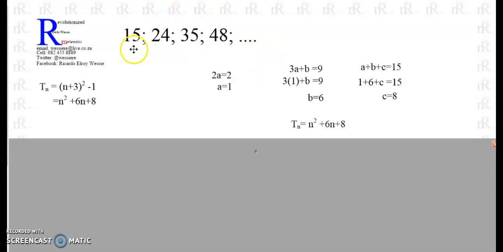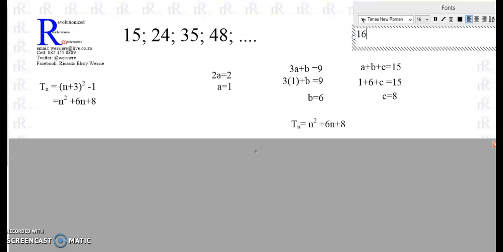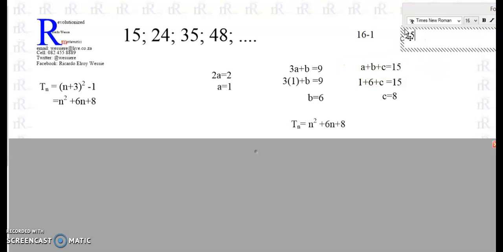Alternatively, you could have noticed that this is also written as 16 minus 1 is 15, 25 minus 1 is 24, 36 minus 1 is 35. So 16 is 4 squared minus 1.